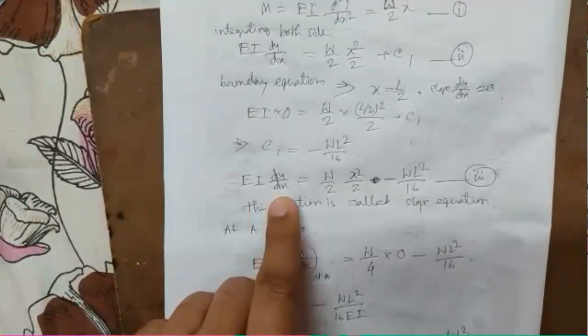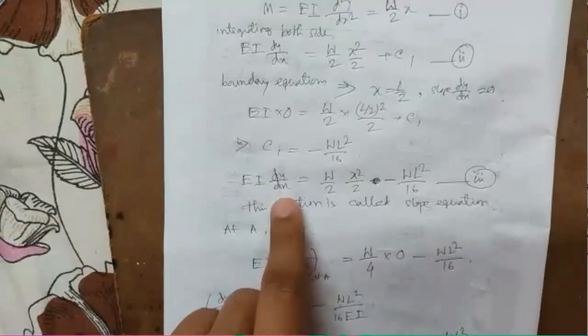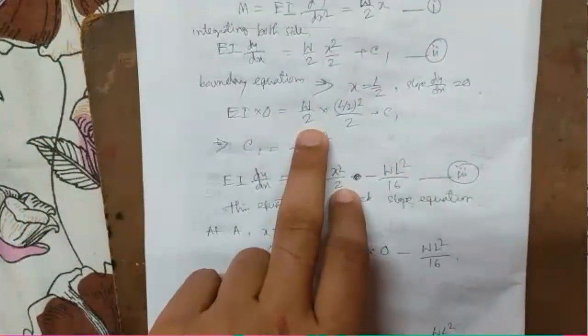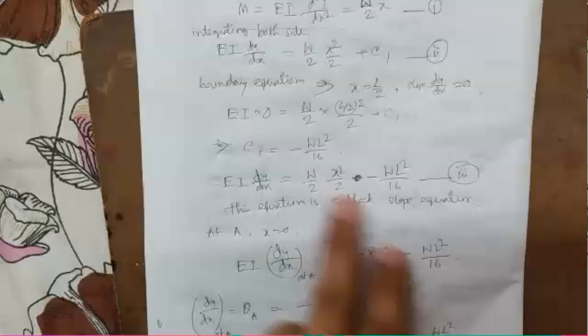The equation was EI, integrating it becomes EI into y on the left hand side, and integrating it further on the right hand side, w by 4 into x square becomes w by 4 into x cube by 3, then minus wl square by 16.